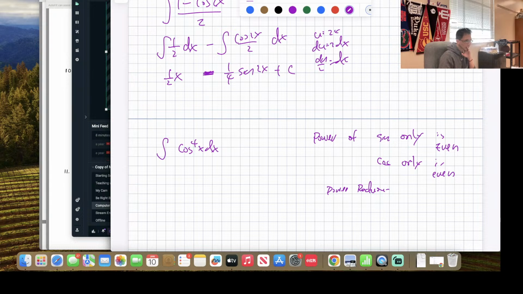Cosine 2, yeah, that's the last two. Oh, I'm divided by 2.